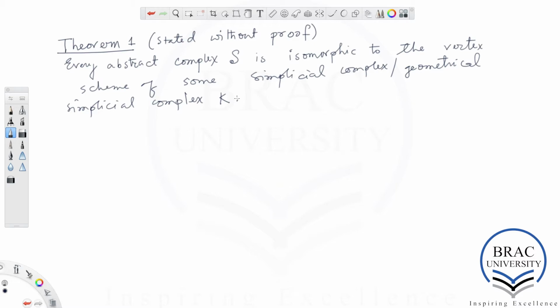Okay. Now another result, Lemma 2, which is also stated without proof, states: let K and L be simplicial complexes.